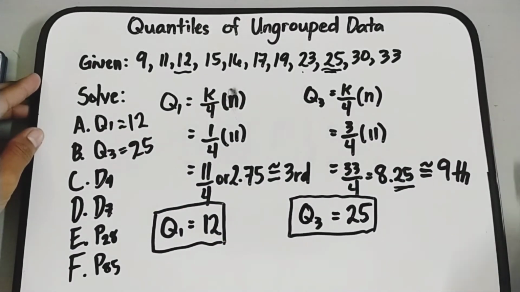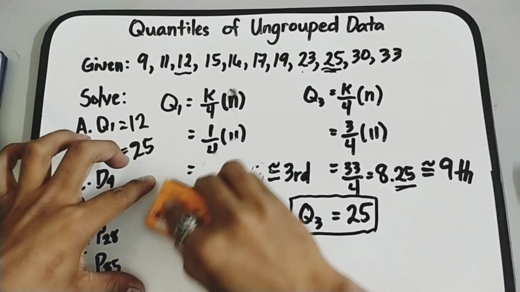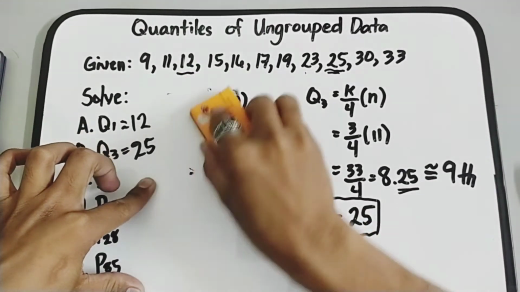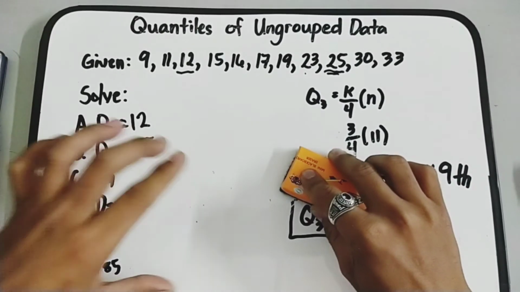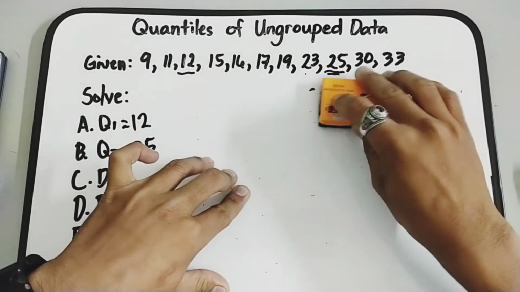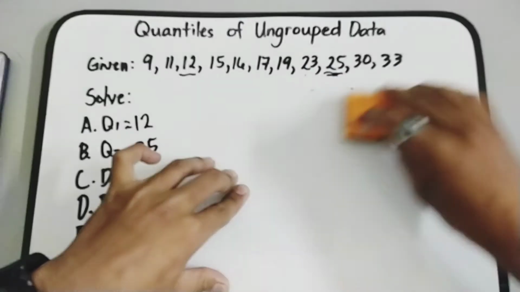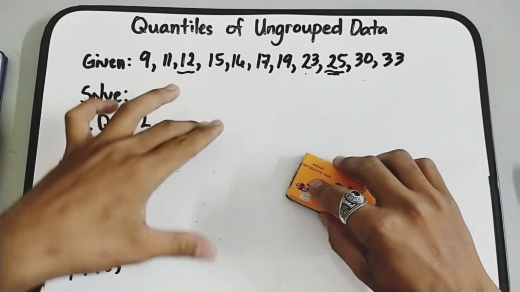Yan. So, now, let's find out naman yung ating decile. Yung D4 tsaka etong si decile 7. Kanya na pagkuha nung ating quartile of ungrouped.